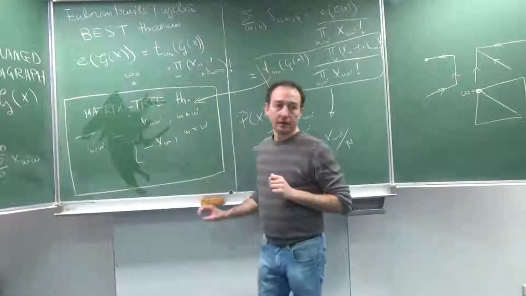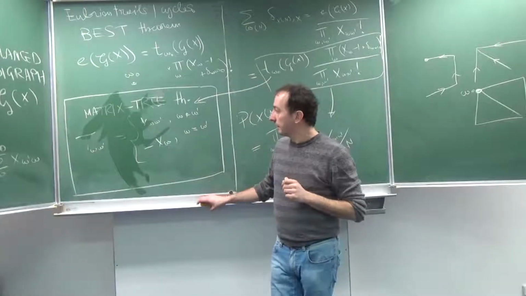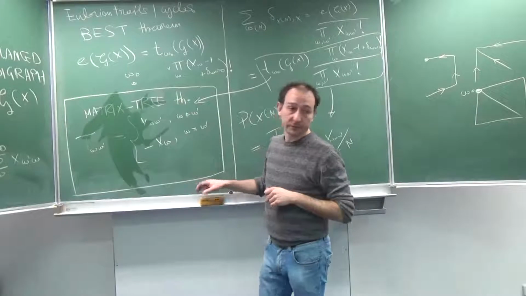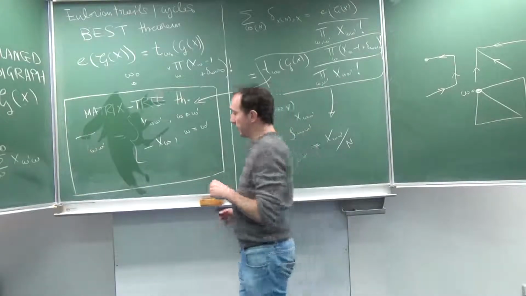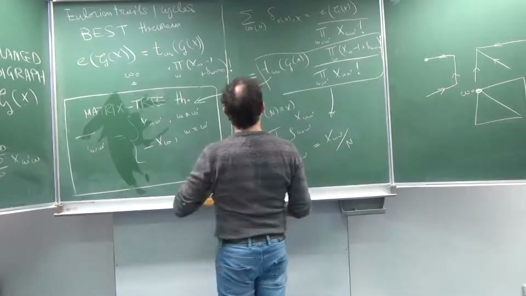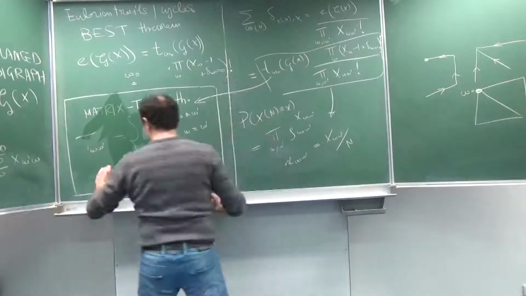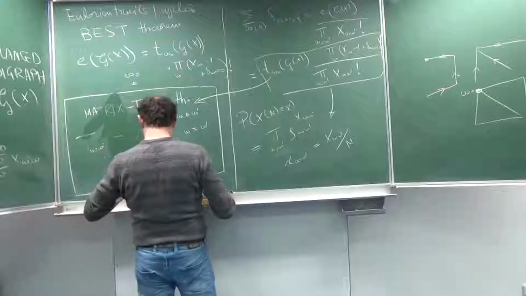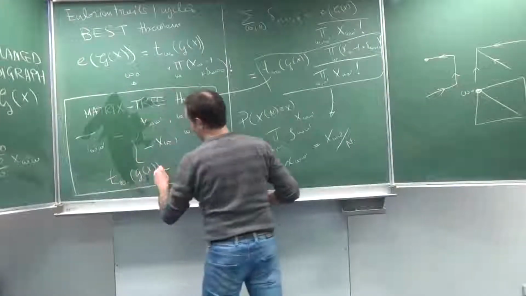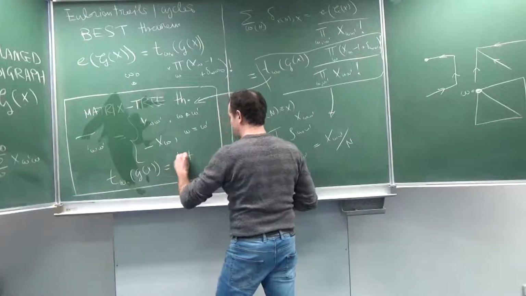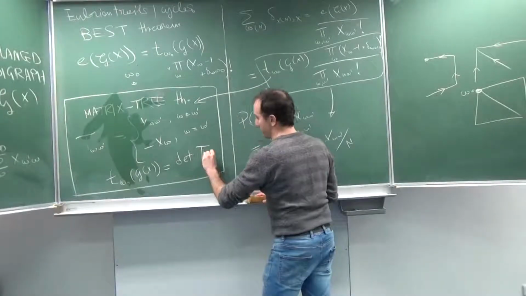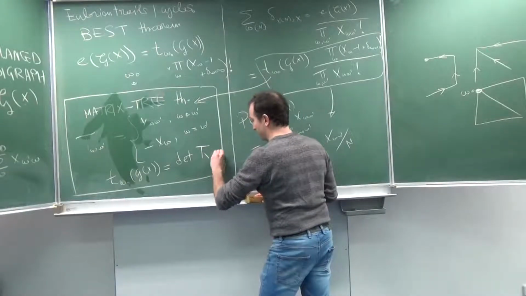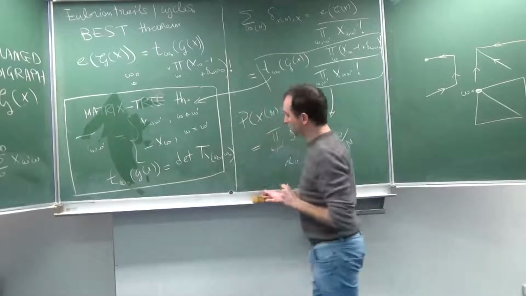So it's a stochastic matrix because the columns add up to 0. And then we can write T omega 0 g of x as equal to the determinant of T from which I removed the omega 0 column and row.